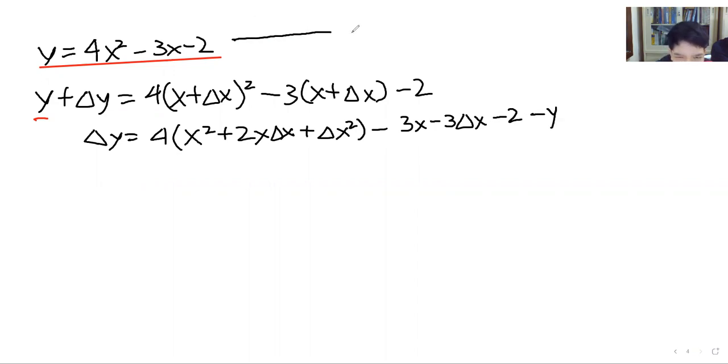So again, we can substitute it here. Okay. So delta y equals, expand this one more time.